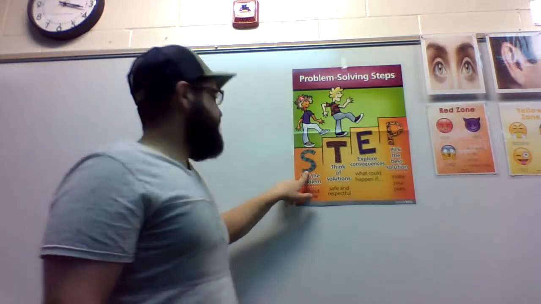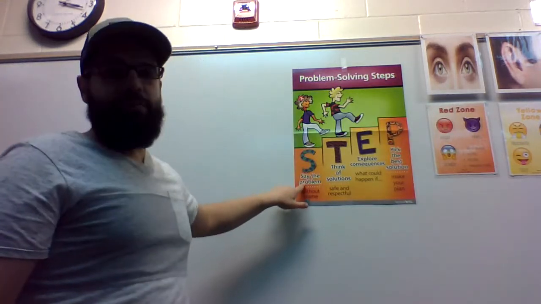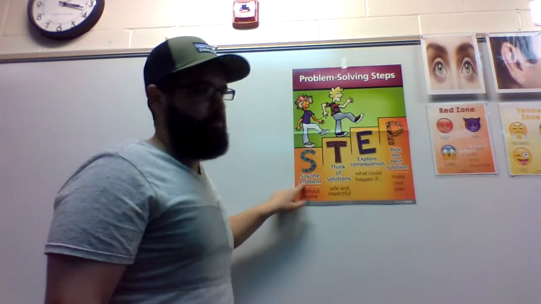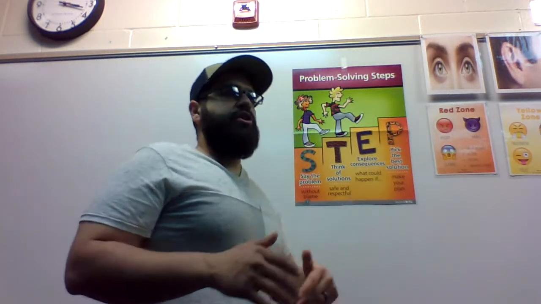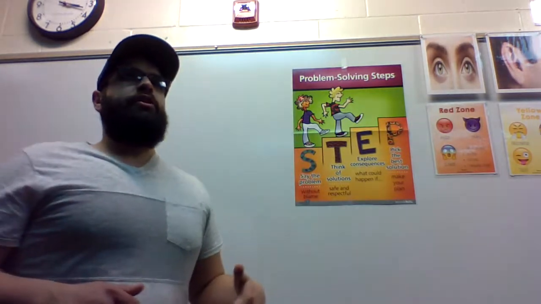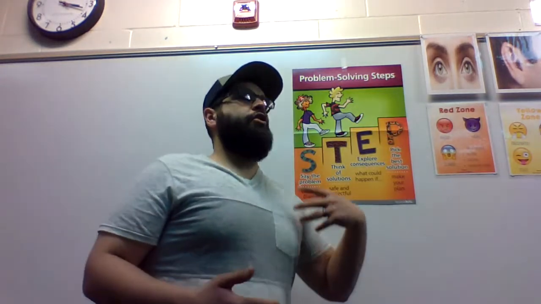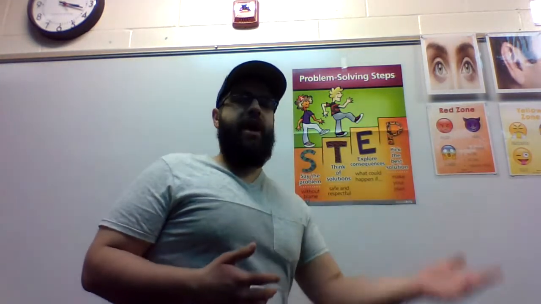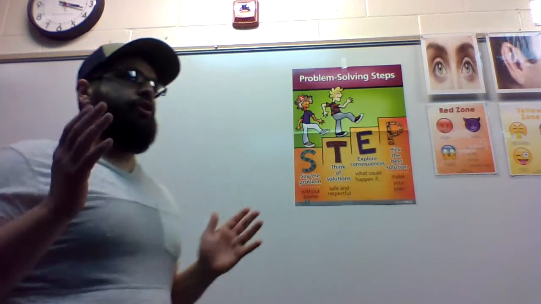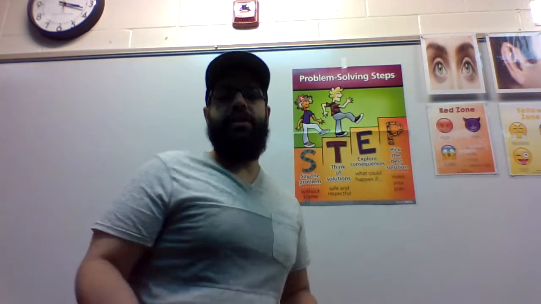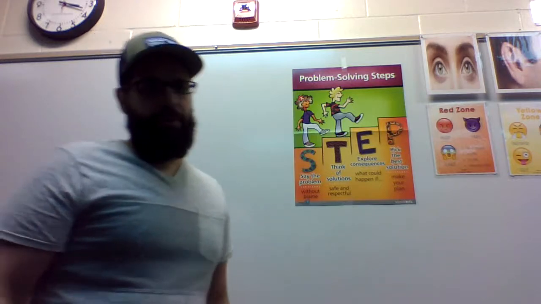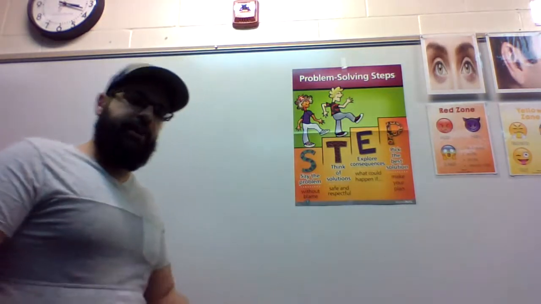S, say the problem. And we say the problem without blame. Okay, we make sure that we don't use words like "you did this" or "always" or "you never," things like that, where you're saying a you statement and then using words like always and never, meaning you're blaming the person as if they're always the cause for the problem, because that's not realistic.